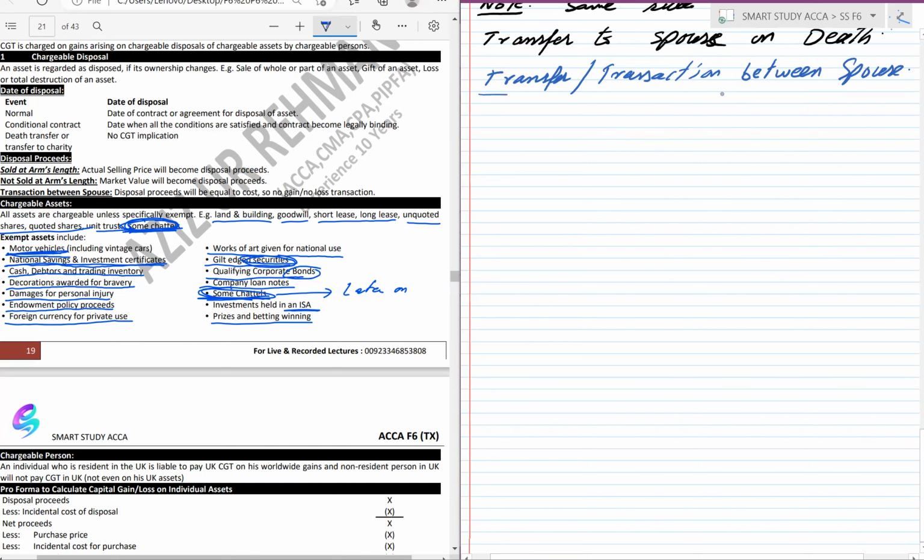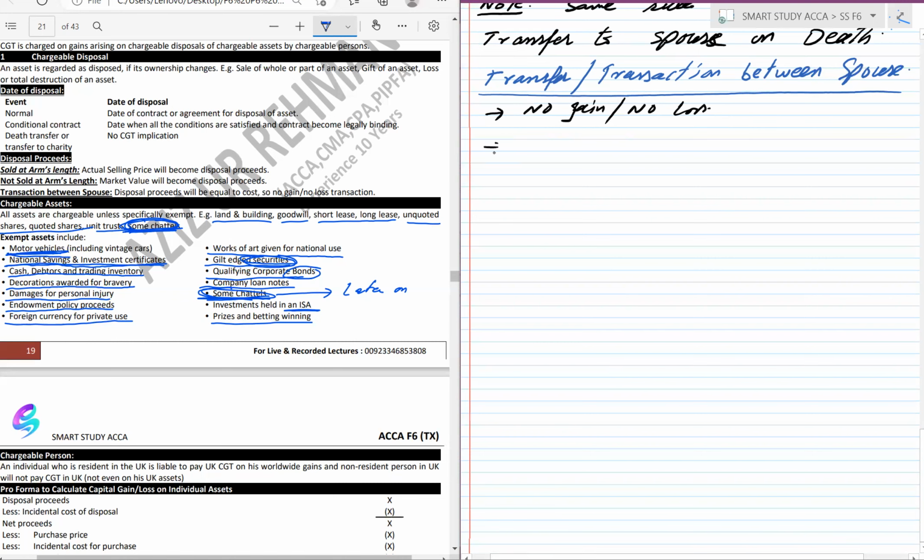If husband and wife transfer assets to each other, what are the rules? Whenever there is a transfer between husband and wife, these transactions will be at no gain, no loss. So whenever there is a transaction between husband and wife, there will be no gain, no loss.